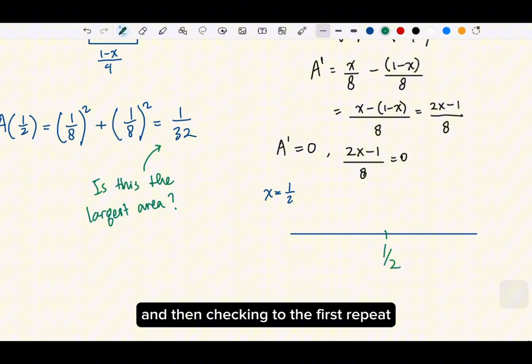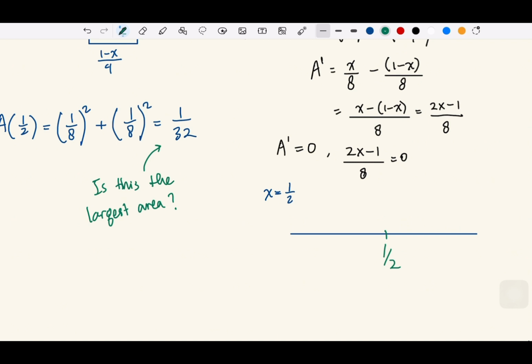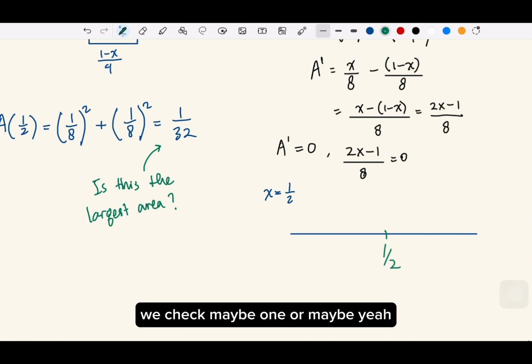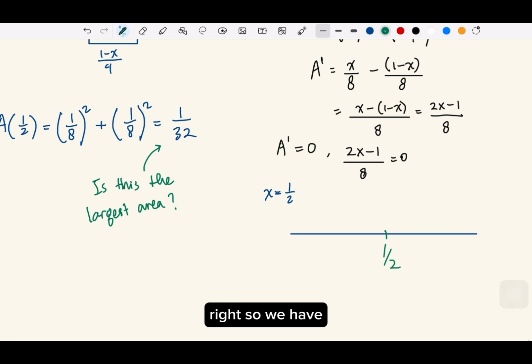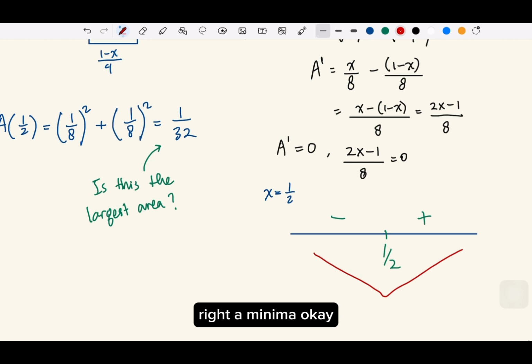And then checking the first derivative, if we check 0, we will have a negative. We check maybe 1, it's positive, right? So we have negative and positive. So 1 over 2 is actually a minima, okay?